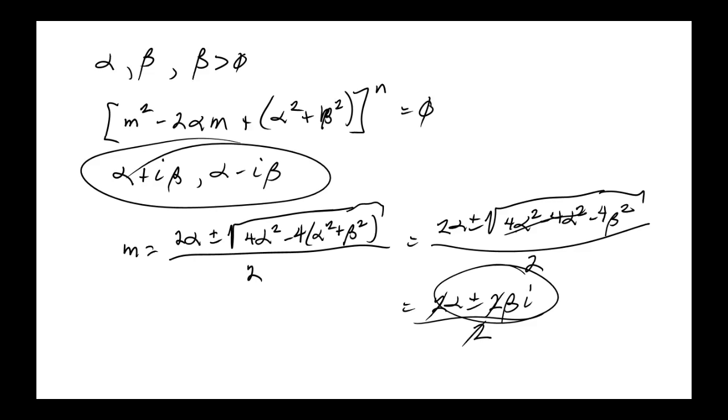I just noticed that the book calls it i beta, whereas almost everywhere else says you always put the real part first and the i at the end, standard form, but I don't know why they do it that way. Those are roots, but then that is raised to the nth power, so those have multiplicity n.